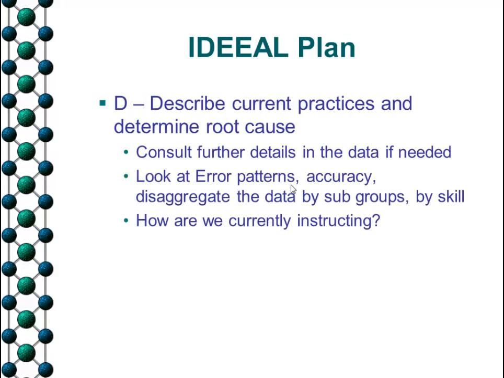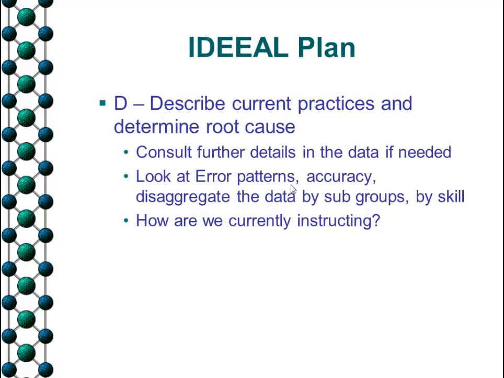D in the IDEAL Plan stands for describing current practices and determining the root cause. The data that is in the IDEAL Plan is very global, and we absolutely want you to look at that without student names because it is a comment on your system. But you may need further details that's in the data, and that may start to come attached to student names.